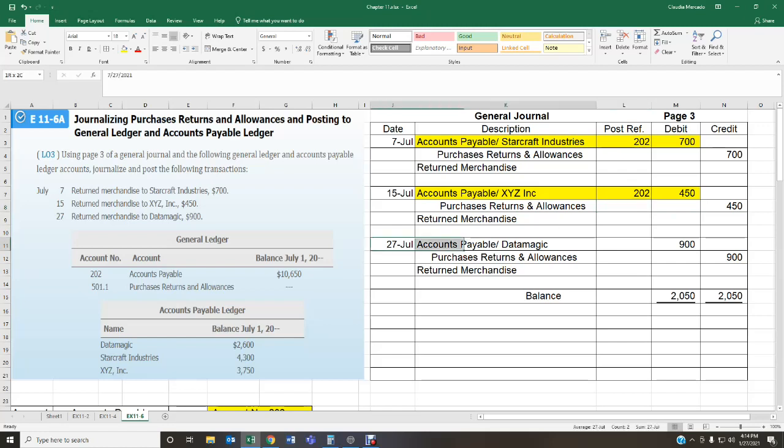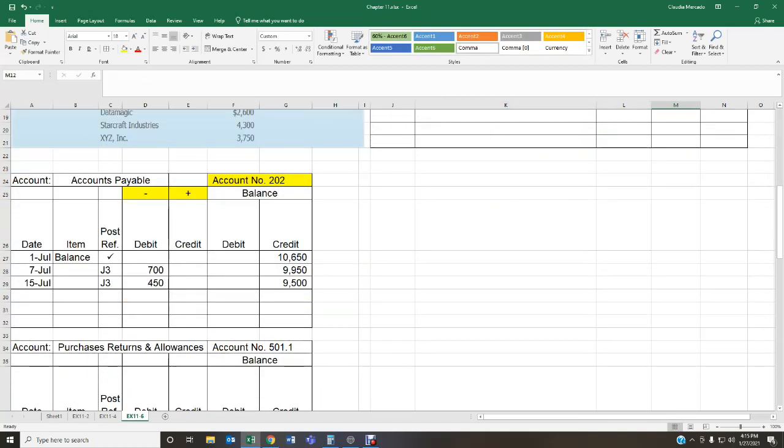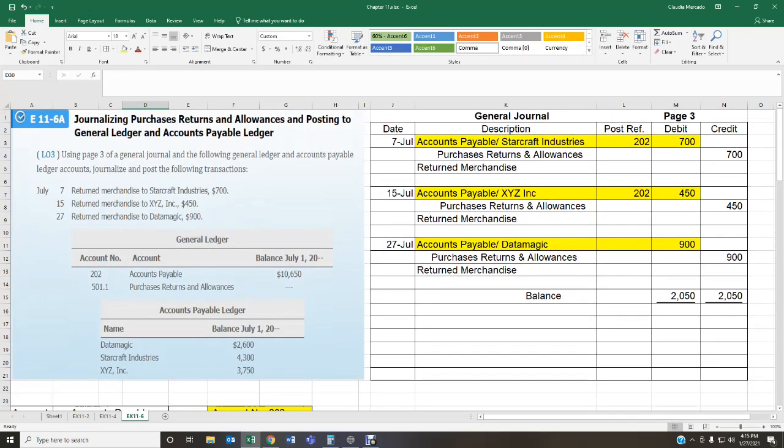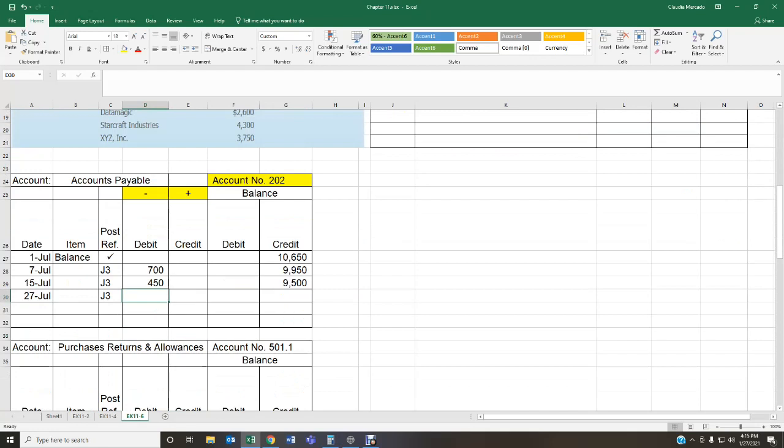The third transaction that I have for accounts payable is for Data Magic. And it's for $900. So that's happening on July the 27th. It's also journal page number 3. And the amount of my transaction is $900, and it's a debit. And they're all debits because they're all returns.